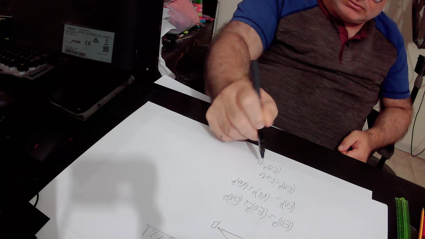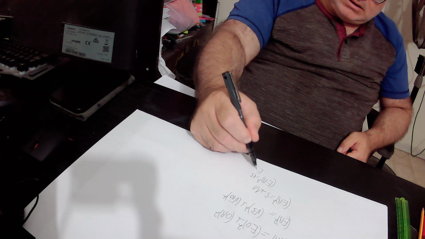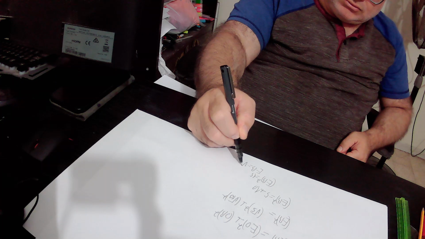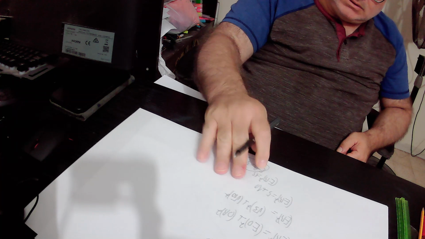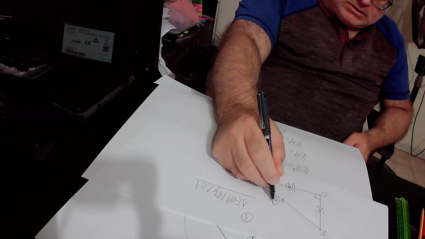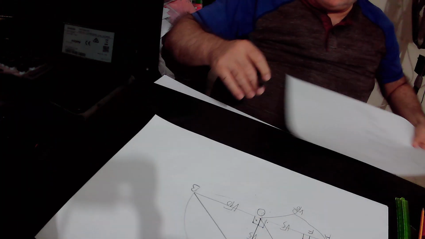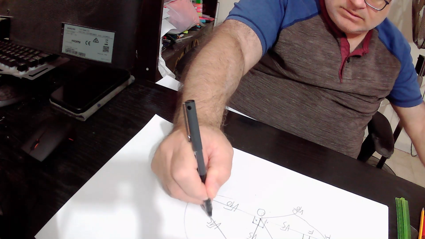We will take the root of this equation, and we get that EB equals the square root of 15 units. The hypotenuse equals the square root of 15 units. So we can write in the original drawing that EB equals the square root of 15 units.